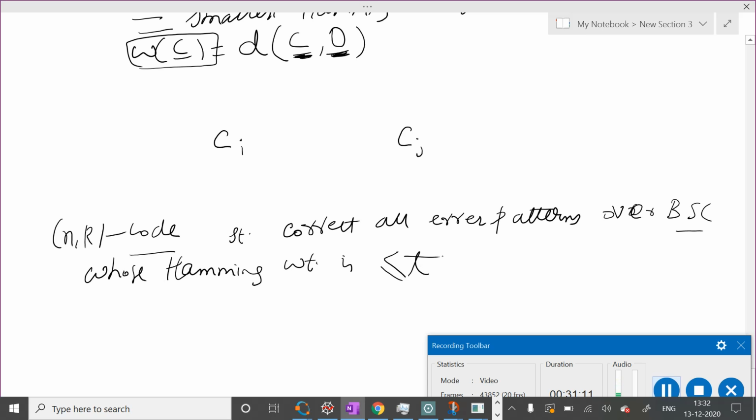Okay, so at most t number of bits are non-zero.